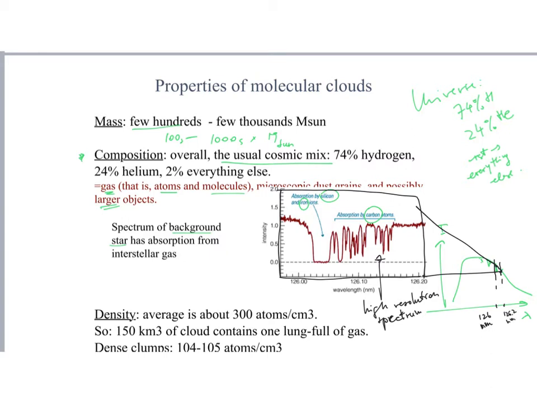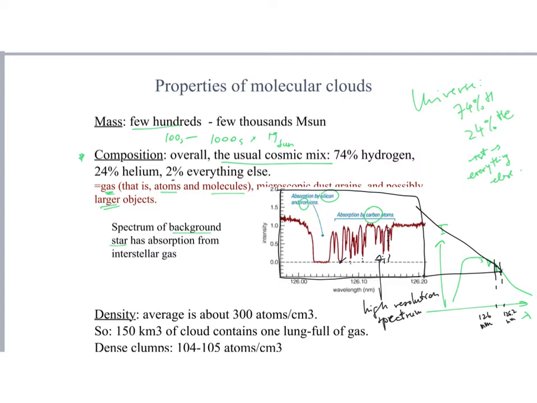And we see all kinds of features, and we can measure their wavelengths, and we can measure how much flux is missing, how much intensity, and we can calculate the amount of basically everything else. What other things we detect there, like carbon, iron, or silicon.